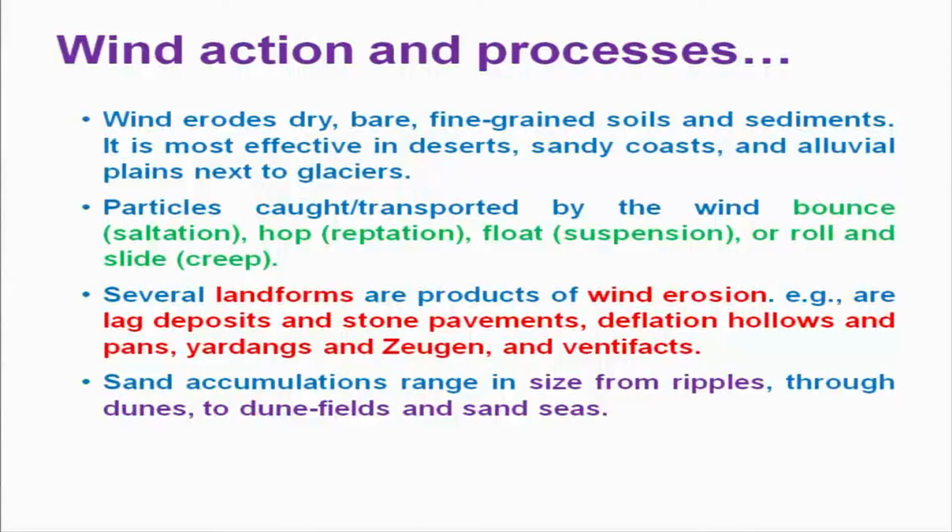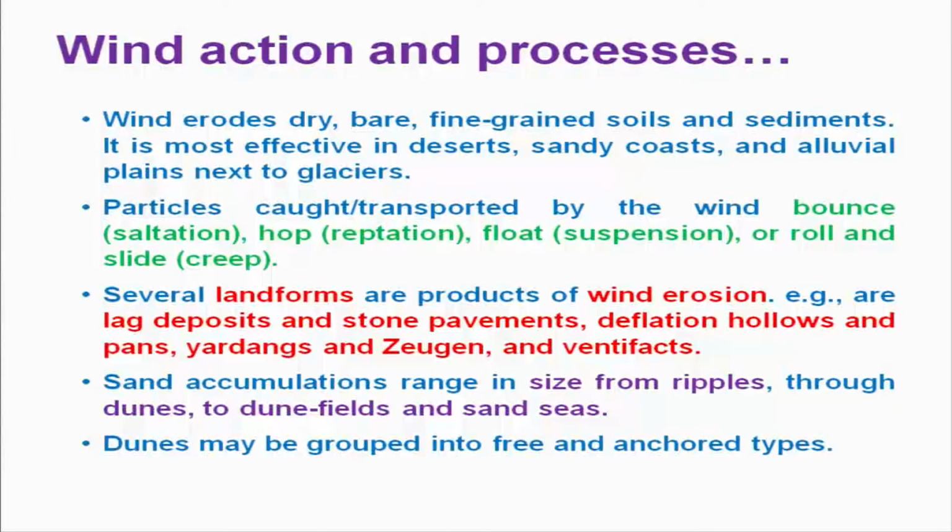So sand accumulation, if we take it in terms of the size of the landforms, can result in different categories. One is very small, you can say ripple marks, or ripples, which are formed by wind action.